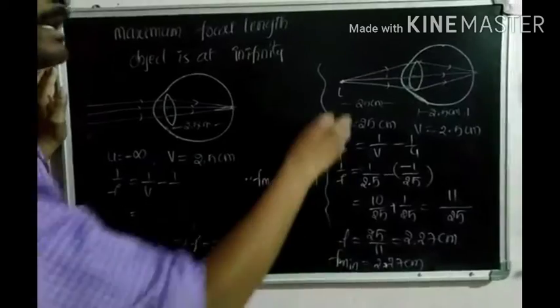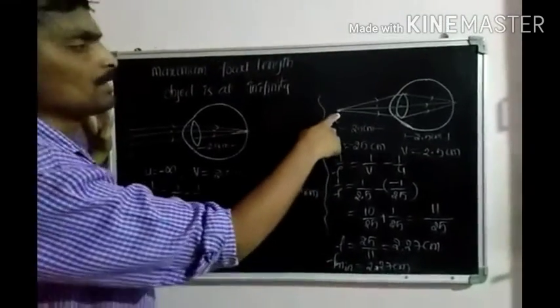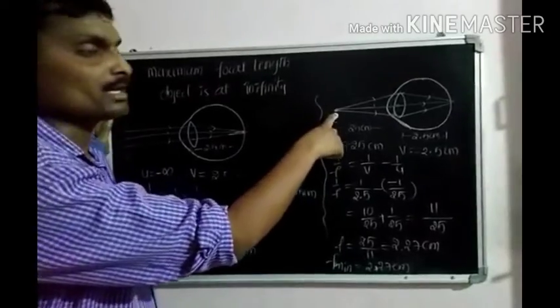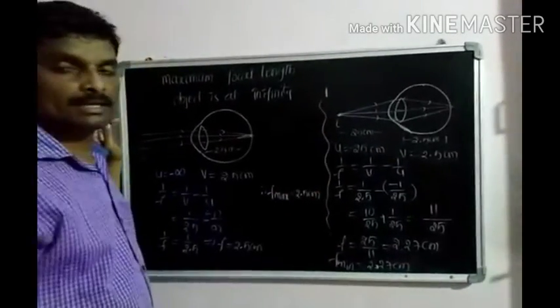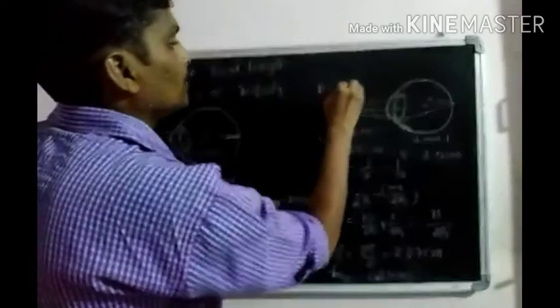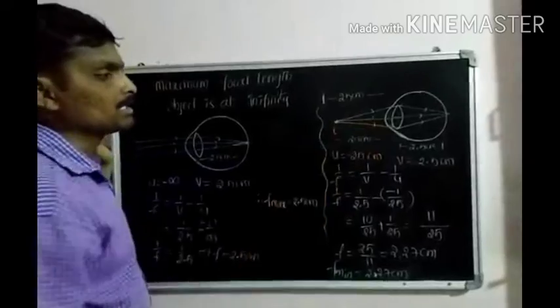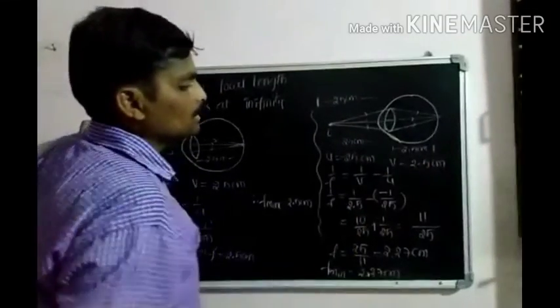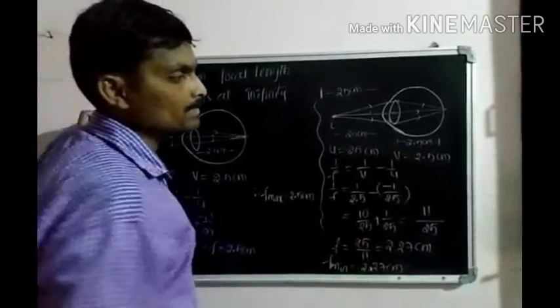Now case 2: when the object is at the least distance of distinct vision. The least distance of distinct vision of a healthy person is 25 centimeters. So the object distance is 25 centimeters and the image distance is 2.5 centimeters.